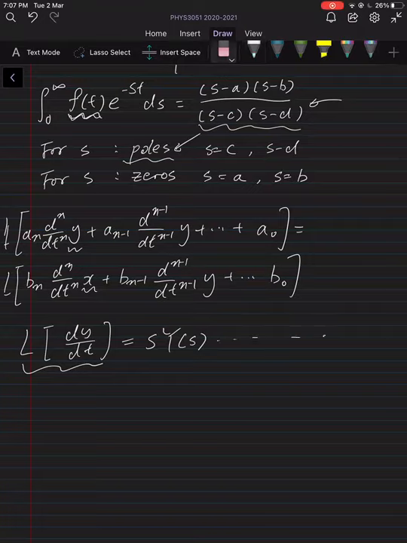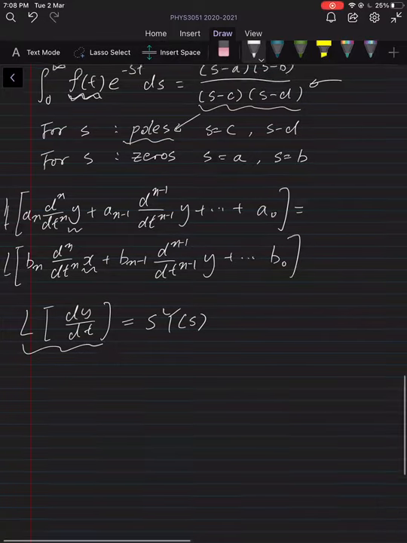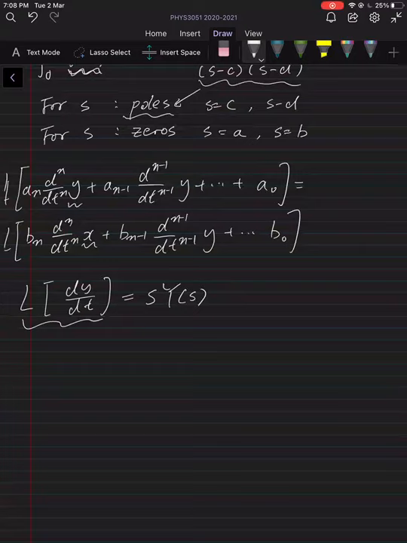So let me simplify by assuming all those initial conditions are 0. Then for the nth order time derivative, you have s to the power n times the Laplace transform of y, by setting all the initial conditions to be 0.